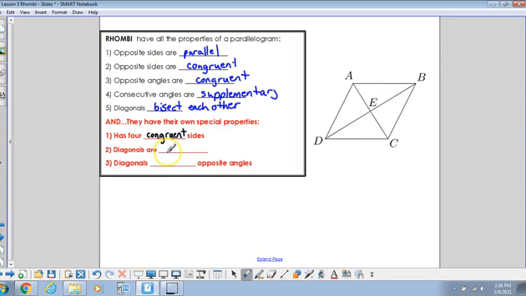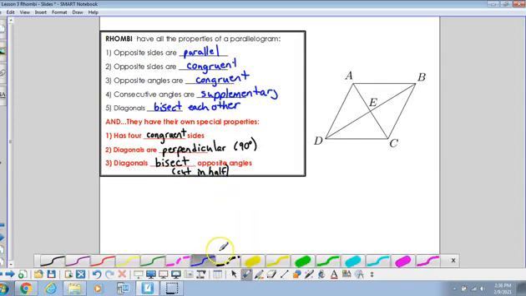Second is that the diagonals are perpendicular. And perpendicular means they form 90-degree angles. And the last one is that the diagonals bisect opposite angles. So it splits them in half, cut in half, equal parts.